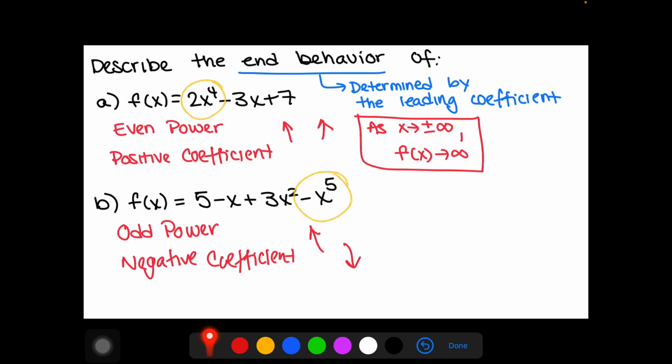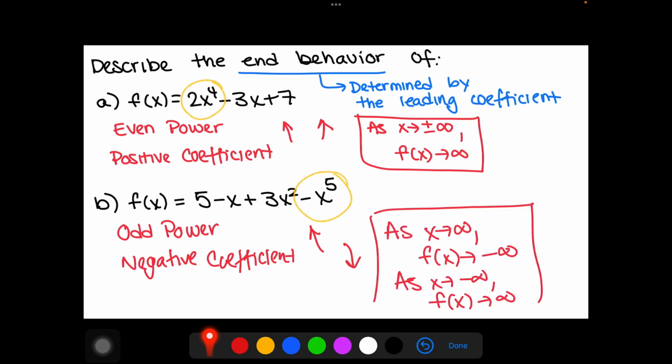So that means the left side goes up and the right side goes down. Or we could say, as x goes to positive infinity, as we go to the right, the graph goes down. The y values go to negative infinity. As we go to the left, as x goes to negative infinity, the y values go up, or the y values go to positive infinity.